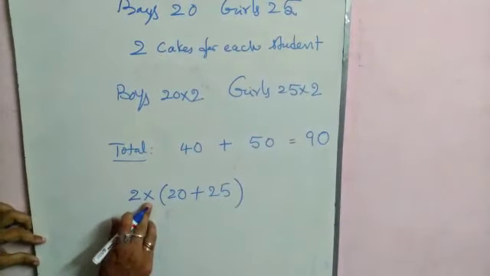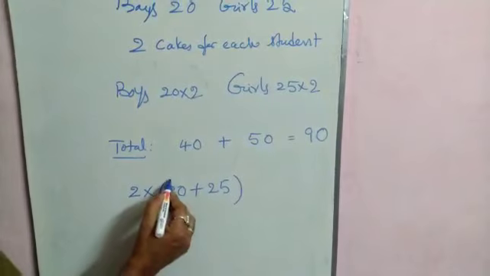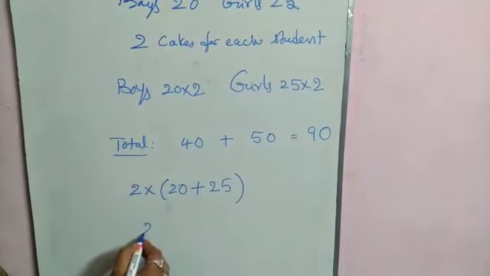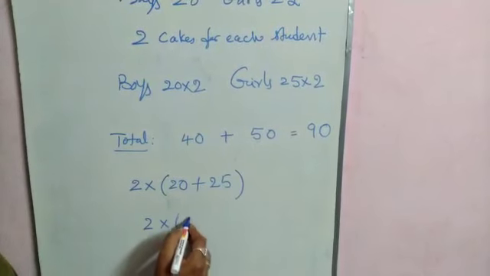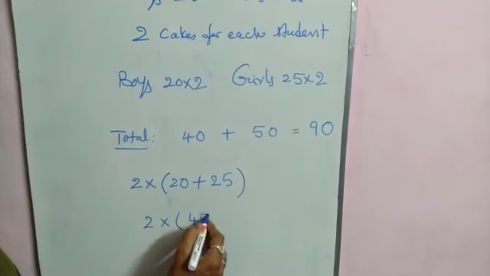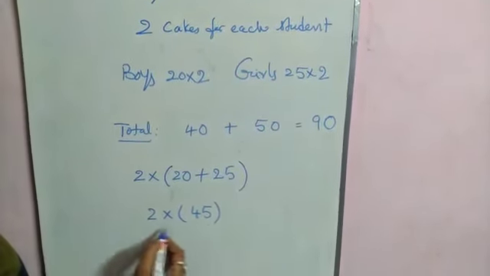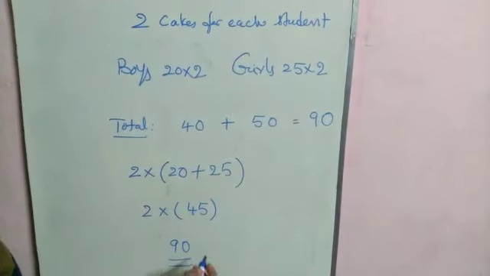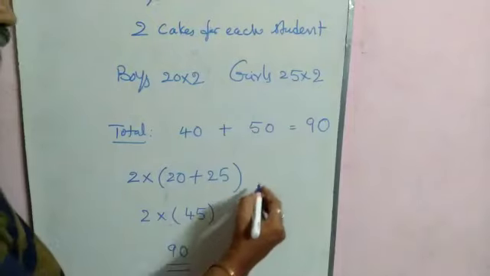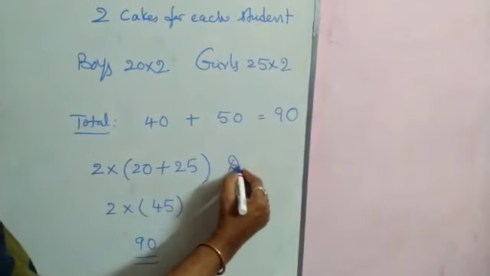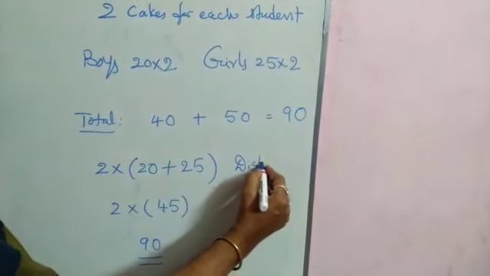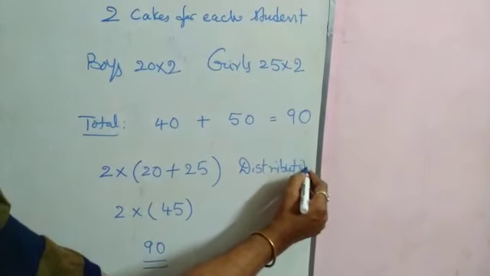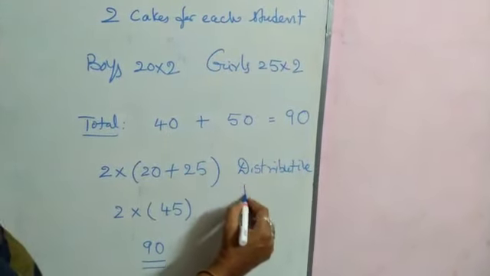In maths we write the bracket here, 20 plus 25. So this is nothing but 2 into 45. When you multiply 2 into 45, we get 90. This property is known as the distributive property.